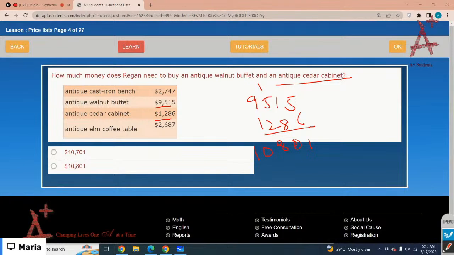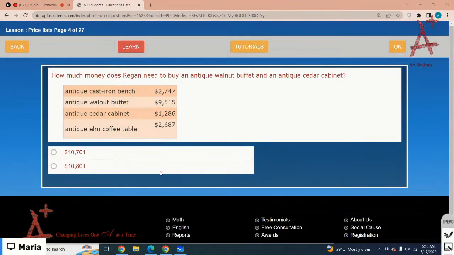That means he must have $10,801 for both the items.